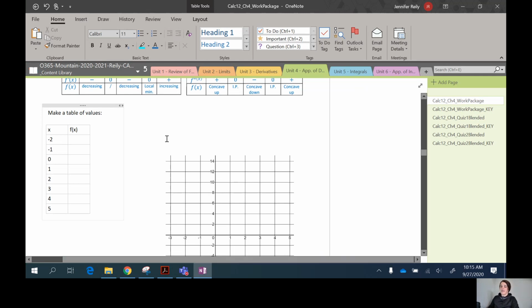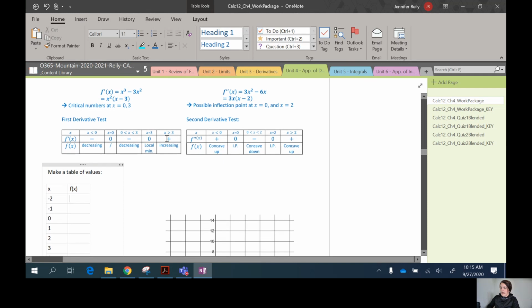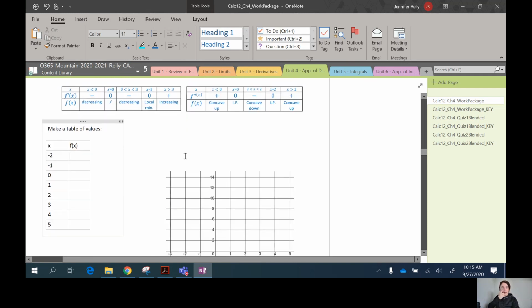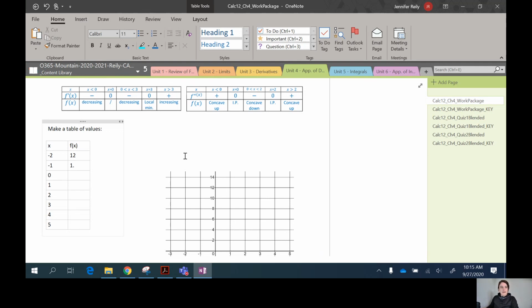Now you're just going to plug these values into the function. I know it's a bit tedious, but I'm only going to have you do one or two of these on a test, so it's not that bad. You need to plug them into the original function, because we're plotting the original function. You can believe me, or you can plug it in yourself, but I found these ahead of time. When I plug in -2, I get 12.25.